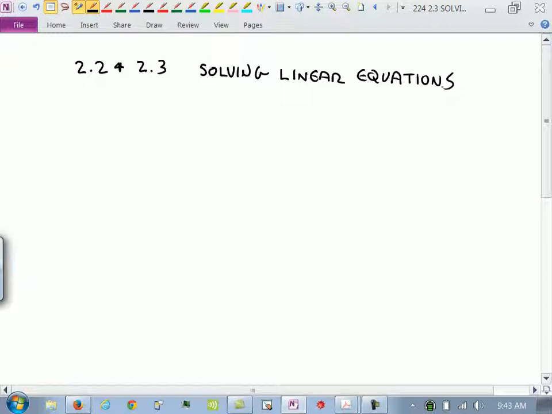Now, we've already been doing this, okay? That's what 2.1 was about. But 2.1 was just getting us to understand the 2 basic properties that we can use for equalities: adding and subtracting anything on both sides, multiplying, dividing both sides by anything, except 0. So that was just to get our feet wet.